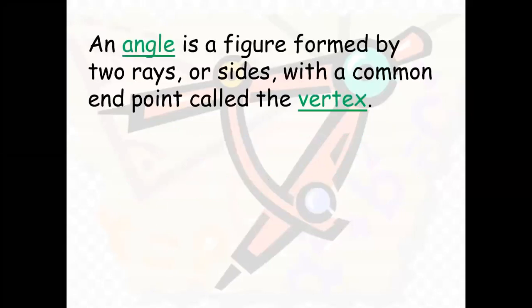So to start with, let's first revise what is an angle. An angle is a figure formed by two rays. So you know how a ray looks like. It has one end point and one side line. It keeps continuing. Or sides with a common end point called the vertex. So an angle is formed when two rays meet with a common endpoint, which is called the vertex.